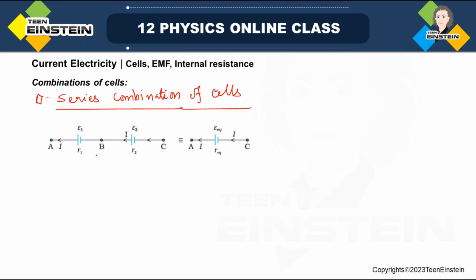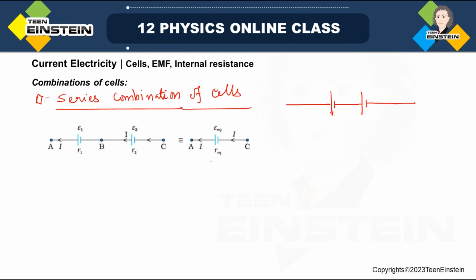So look here, this is the equivalent circuit. Suppose I need this much equivalent potential, which should have an equivalent resistance Req, out of these two cells. When we say series combination, the negative terminal of one battery is connected to the positive terminal of the other battery.